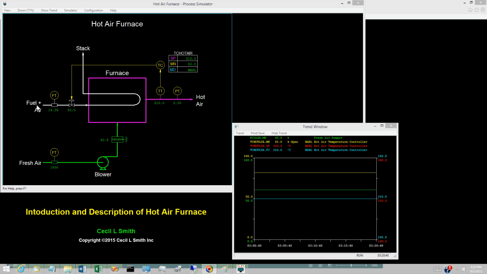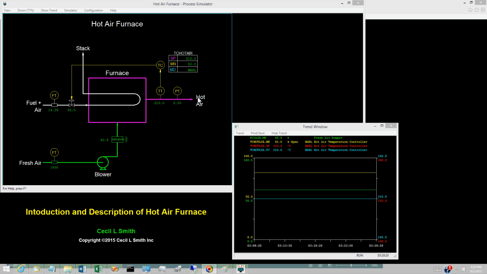The source of heat is the combustion of fuel gas. The furnace contains a heat exchanger, so the products of combustion do not exit with the hot air stream. Consequently, combustion control is a separate issue. We are merely heating air.